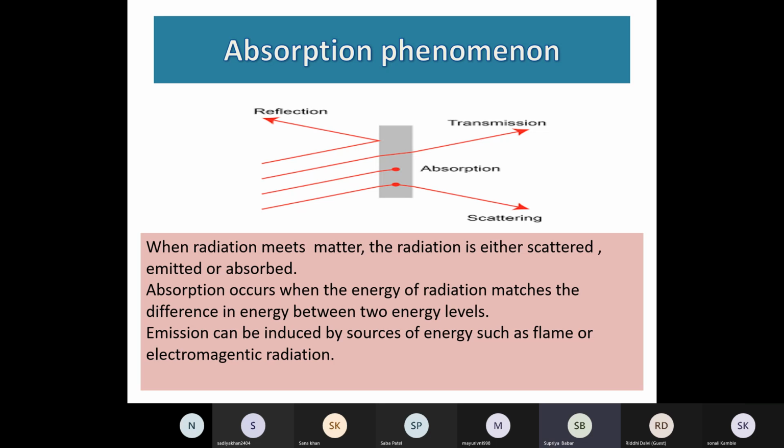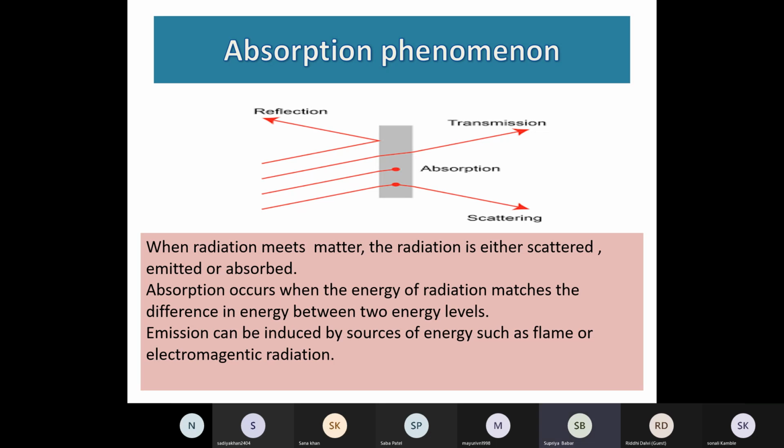What happens normally? It can cause electronic excitation. After absorbing the energy, the electron will shift from the lower energy level to the higher energy level. It can cause vibrational excitation, which means it increases the amplitude of vibration of the atoms of the molecule, and rotational excitation, which means transition of a molecule from the lower rotational energy level to the higher level.